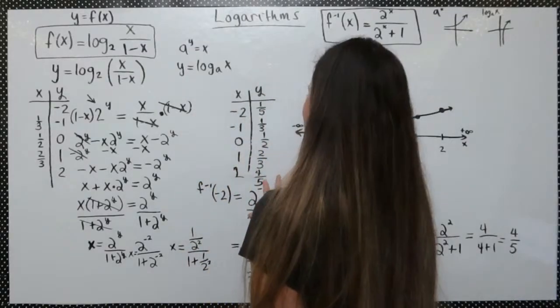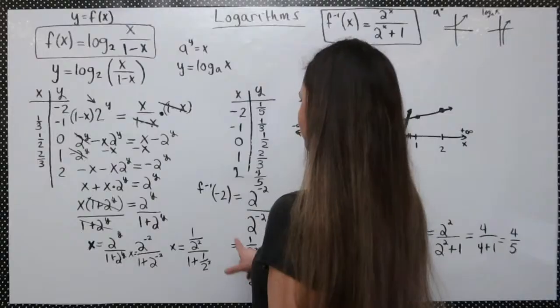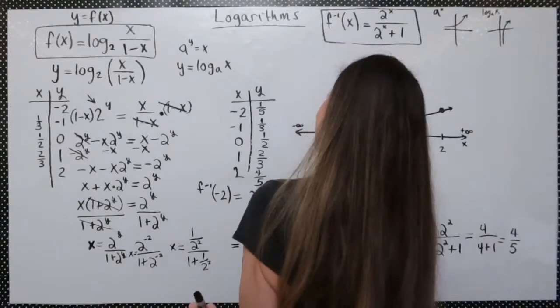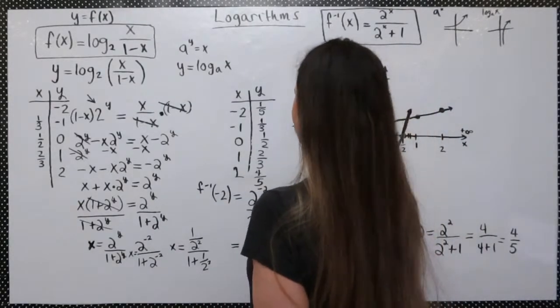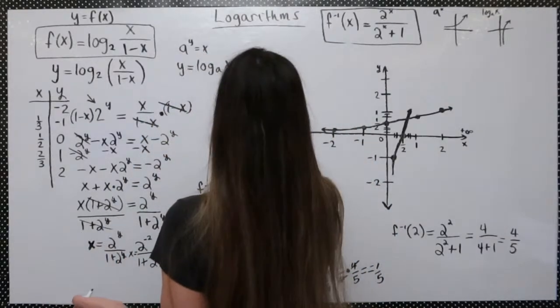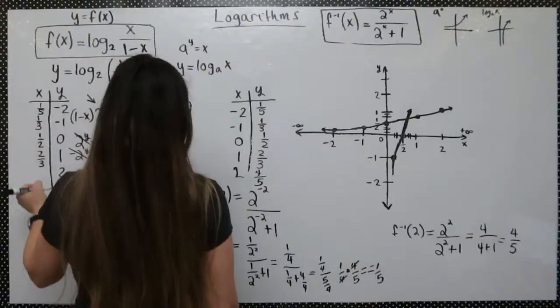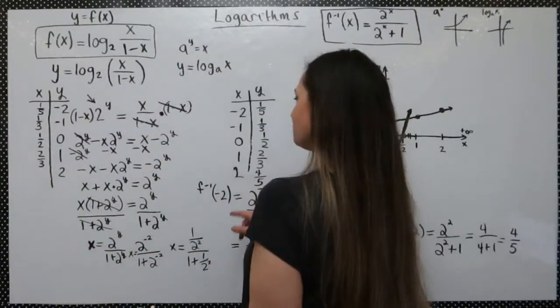And it's giving me the same process here, so it's just giving me the same number. So I know that it's going to be 1/5. And then I know that this one's going to be 4/5.